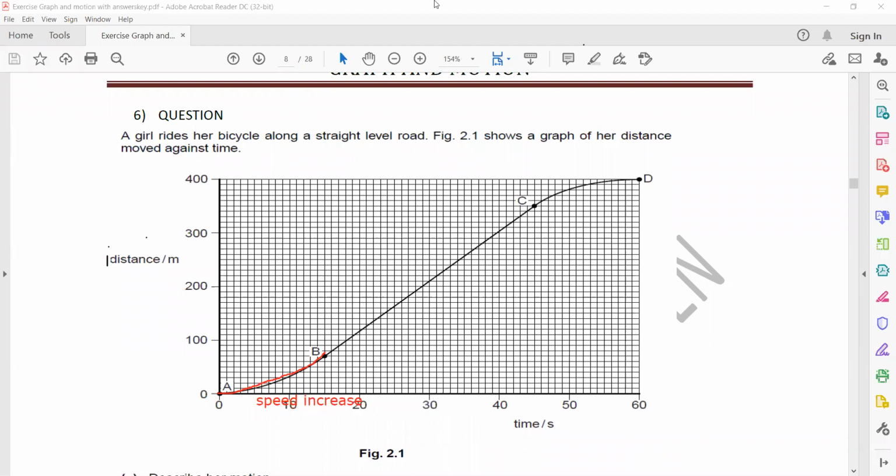From B to C, it's a straight line. So whenever it's a straight line, what does it mean? It means it has a constant speed.